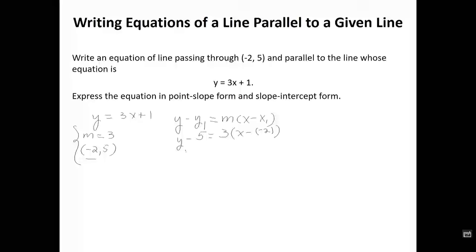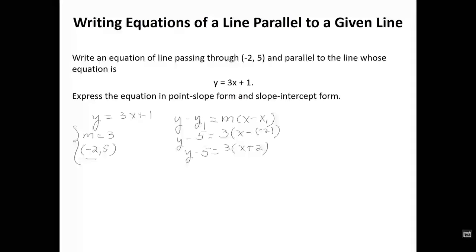All right, so we have y - 5 = 3(x + 2). And this is actually the point-slope form. So we're to express it in both the point-slope form and the slope-intercept form.